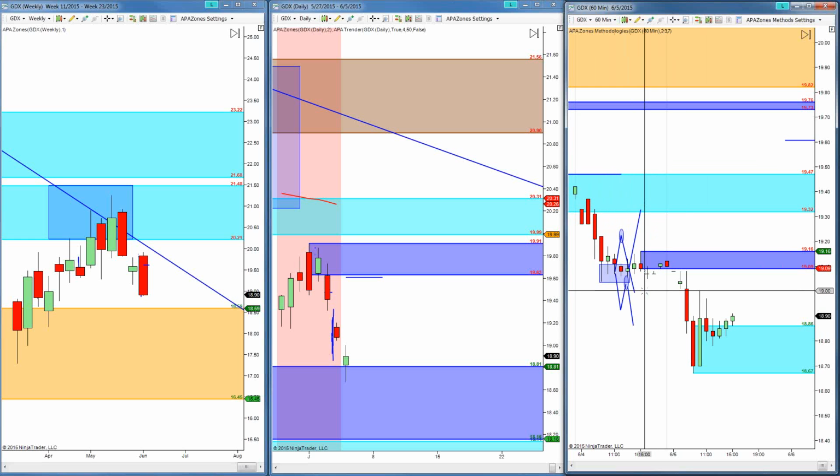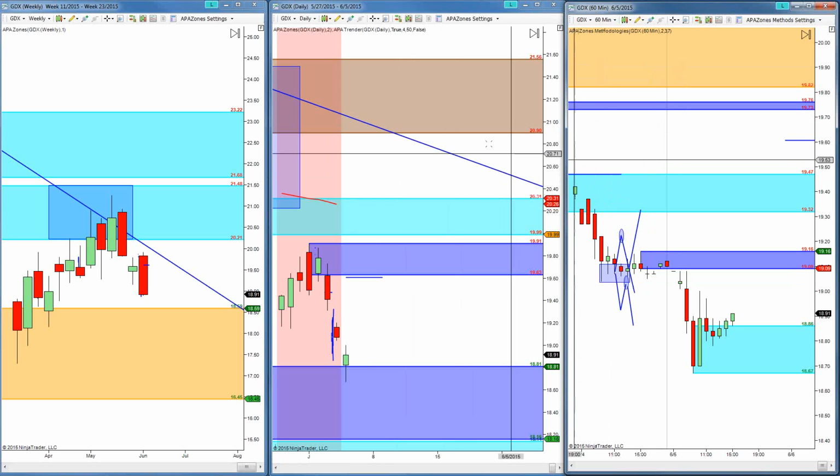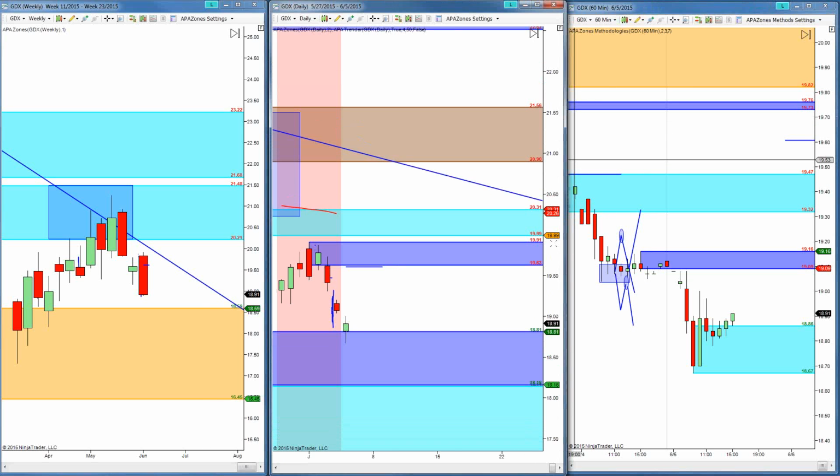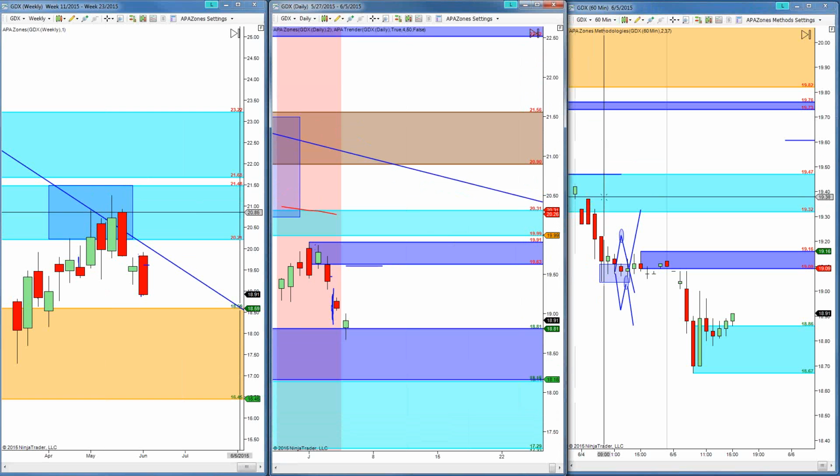But there is somewhat of a symmetry pattern that we're looking at here, and I like to use the middle chart as the context chart. In the AppleZones community, we learned how to take all of this stuff and really apply it just to 2 charts.